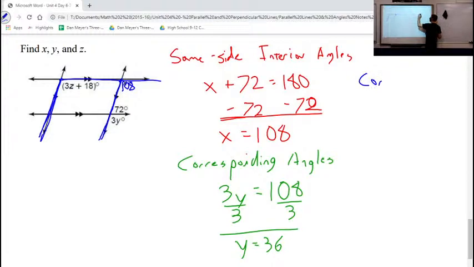But these are corresponding as well. So they're going to be congruent. If I look at my parallel lines, this group of angles, it's on the bottom right. This group of angles, it's on the bottom right. That's what makes them corresponding. They're matching places on those lines. So that means they have to be the same.